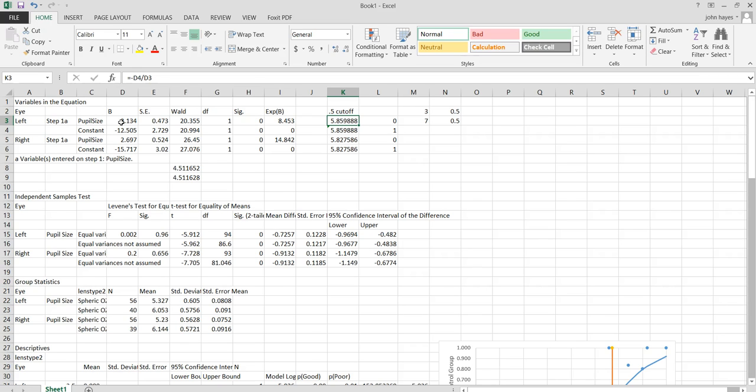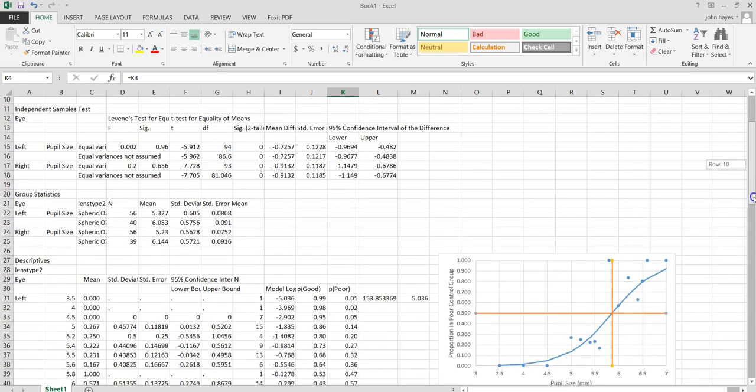So the logit side of the equation drops out, and we're left with 0 equals a plus bx, and that's 12 is the a, the slope b is the 2.1, and so to solve this, it's minus a over b. It's a very simple equation, and that gives us the cutoff at 5.86 millimeters for the left eye and 5.83 millimeters for the right eye.